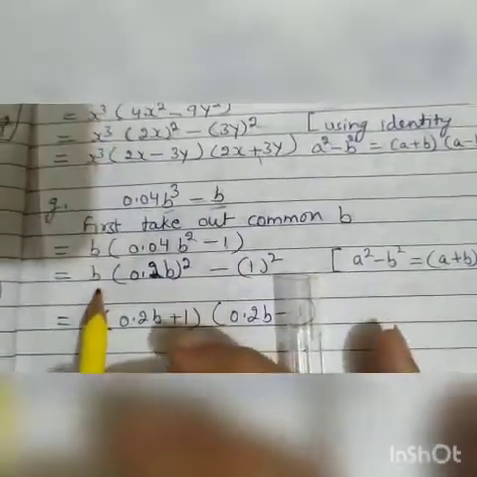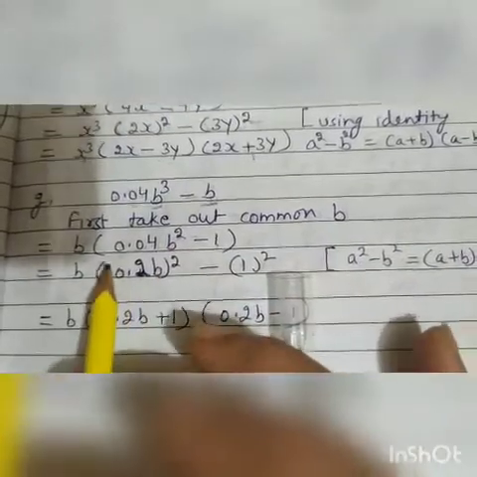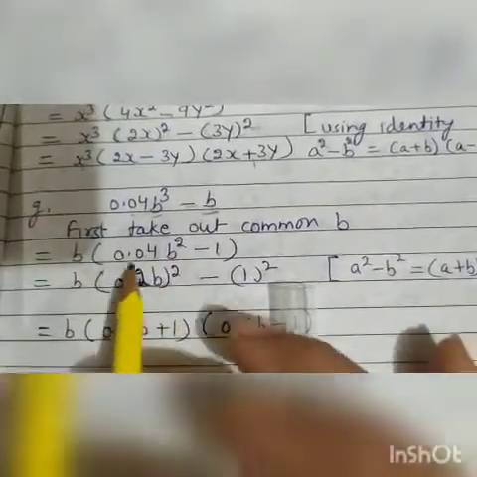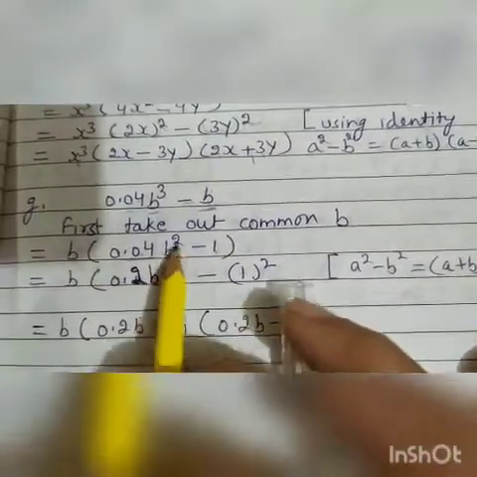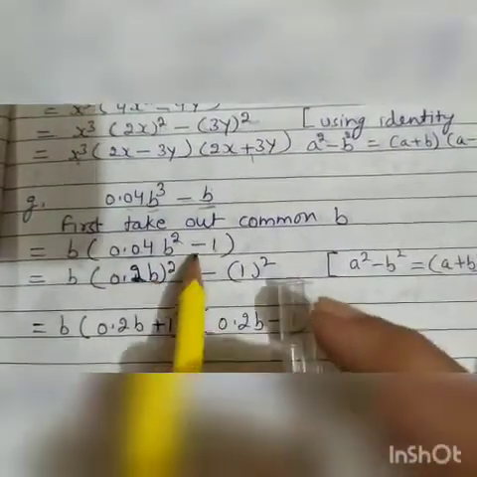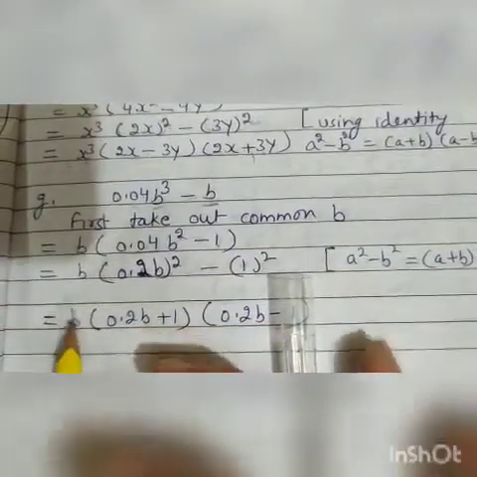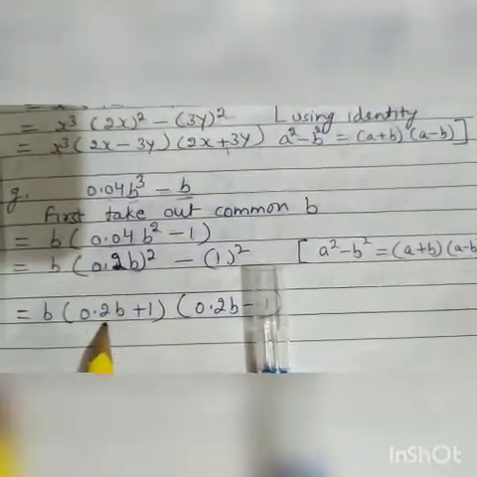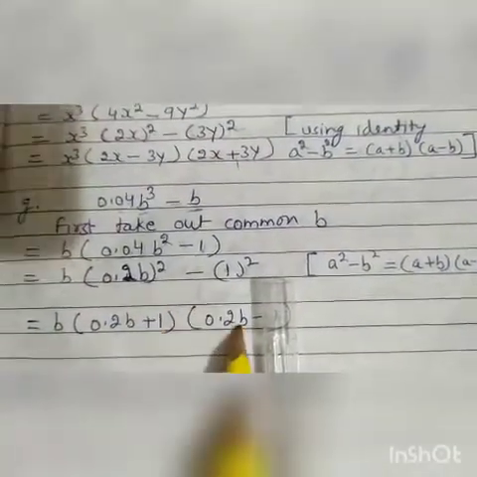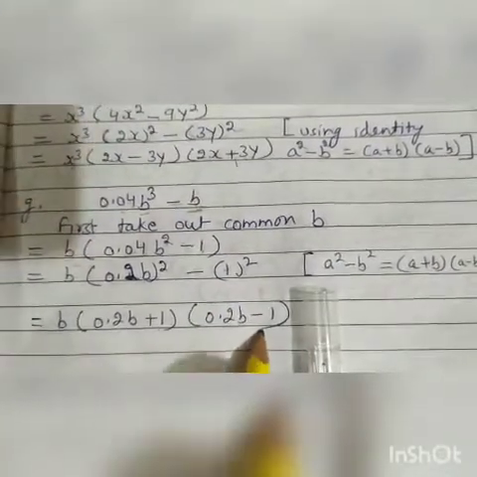Now this b will be written as it is. 0.04 b square is the square of 0.2 b, because 0.04 is the square of 0.2 and b square is the square of b, minus 1 whole square. Now this b, then a plus b, a minus b. a is 0.2 b plus 1, a minus b is 0.2 b minus 1.